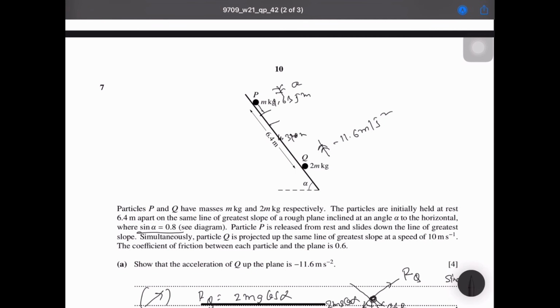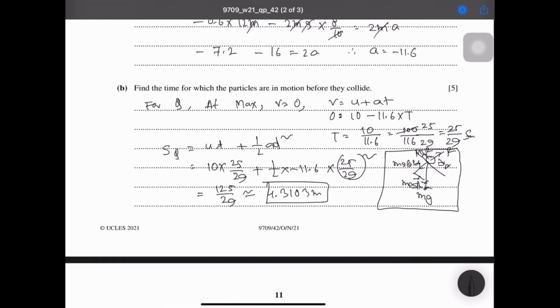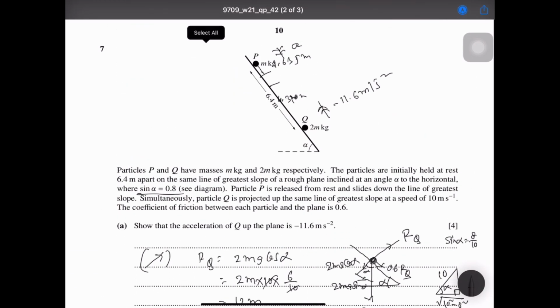After completing 4.310 meter, Q is going in the downward direction, and at the same time P is also going downward, and that is where they are meeting.